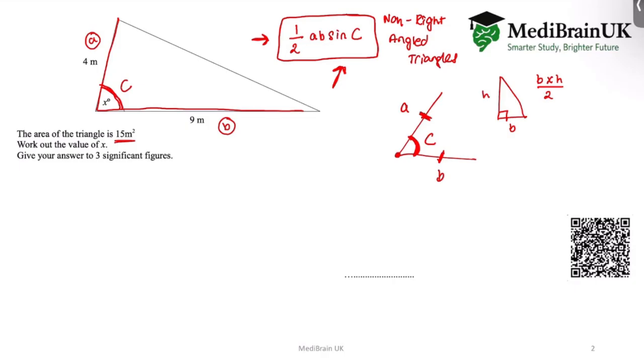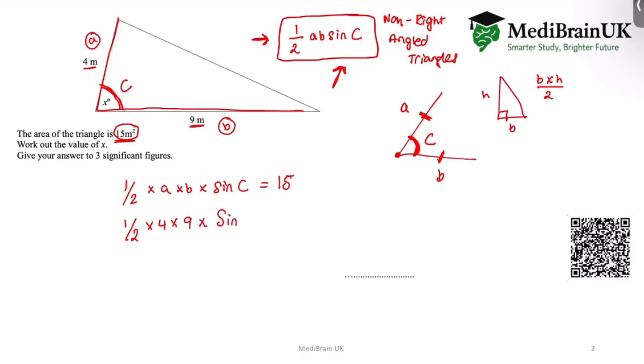Okay, so we know that the area of the triangle is half AB sine C, a half times A times B times sine C. And we know that the area is equal to 15 meters squared. So it's equal to 15. Now, what's A and B? We know that A is 4. We know that B is 9. So it's going to be a half times 4 times 9 multiplied by sine C.